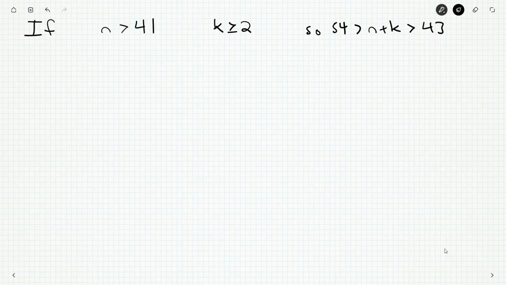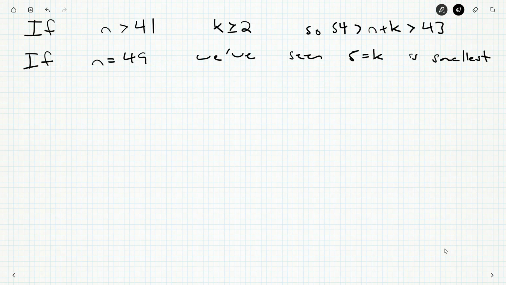So I want to do the same sort of thing, but if n equals 49, we've seen k equals 5 is smallest. Suppose n is greater than 49. I'll come back to n less than 49, but suppose n is greater than 49.